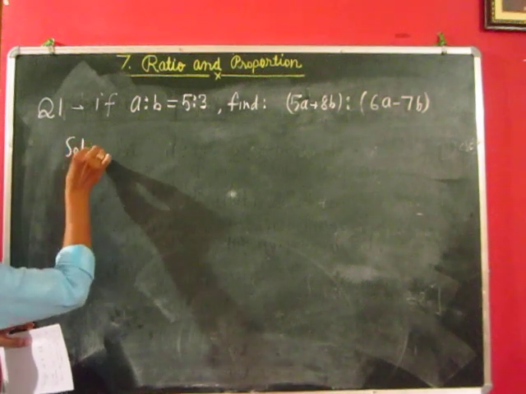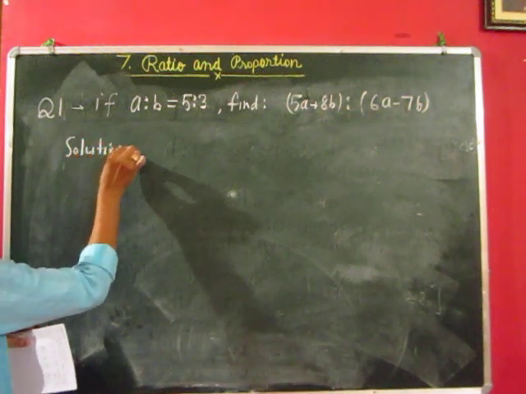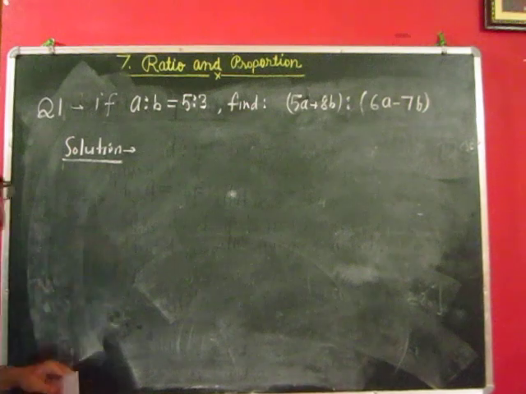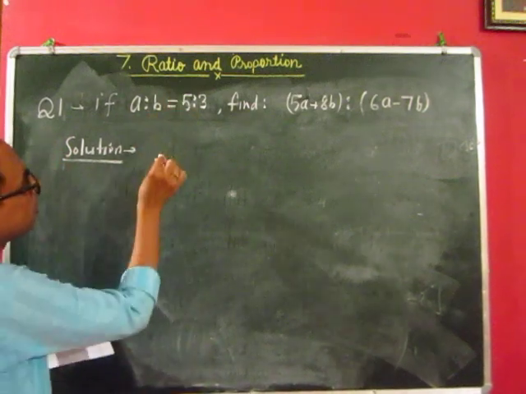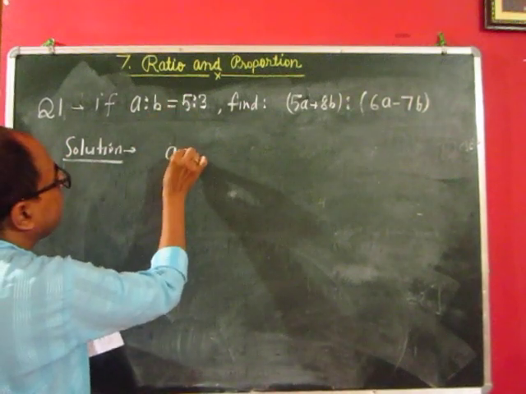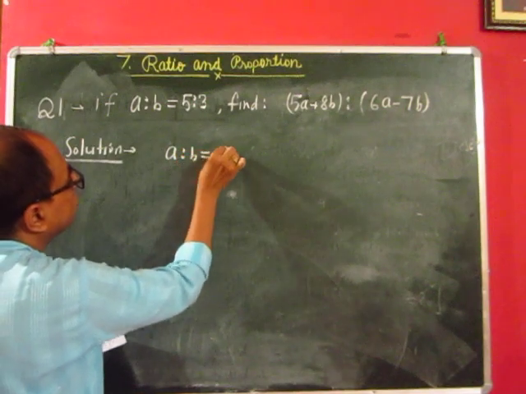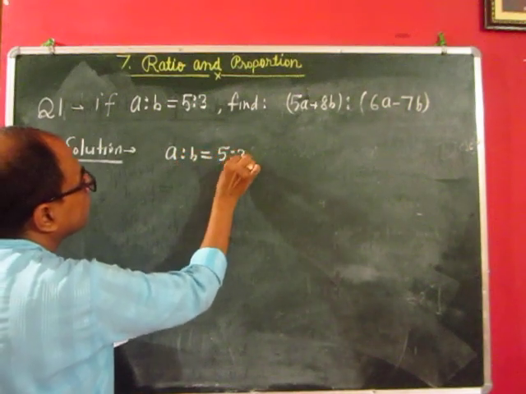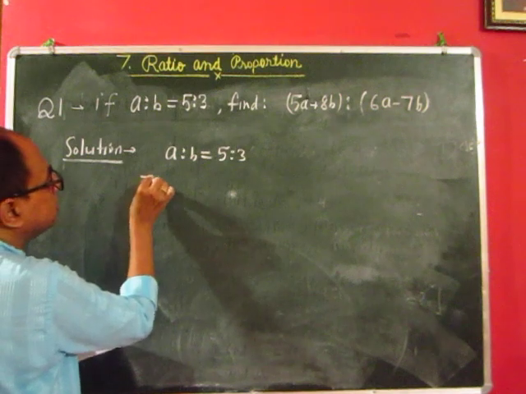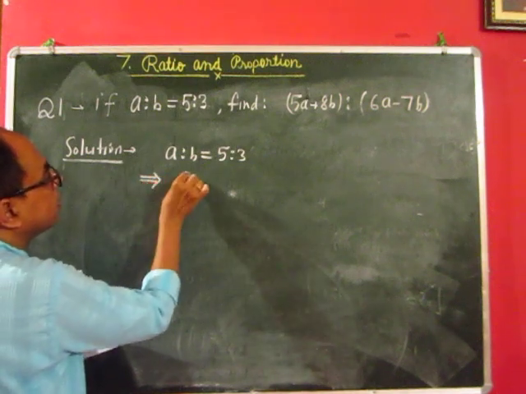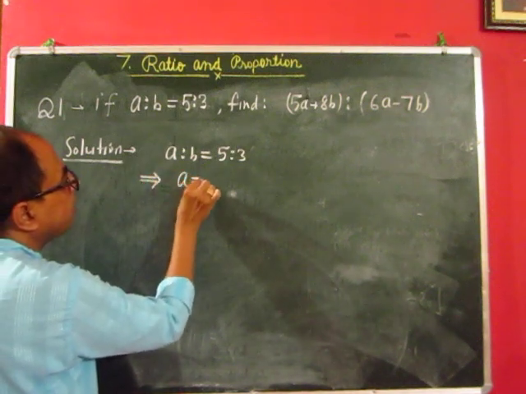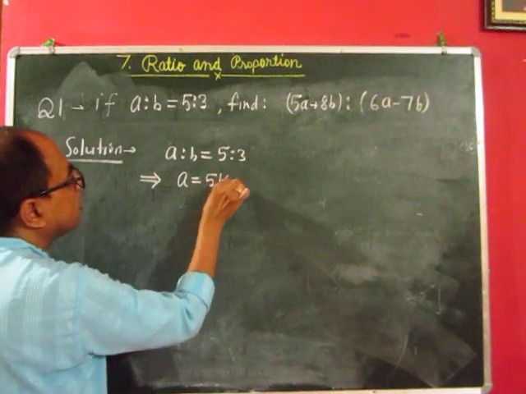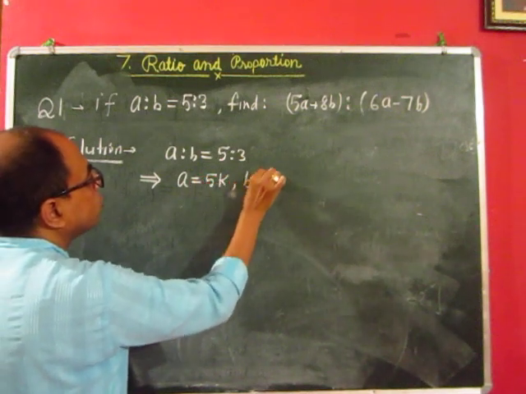Solution. Now this question can be solved by different methods. One method is A is to B is equal to 5 is to 3. So what is its interpretation? Its interpretation is if A is equal to 5K, then B will be 3K.